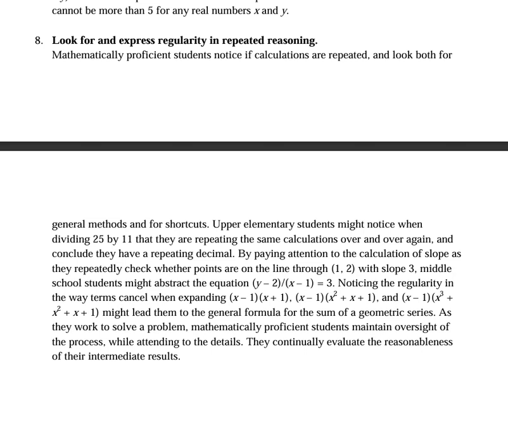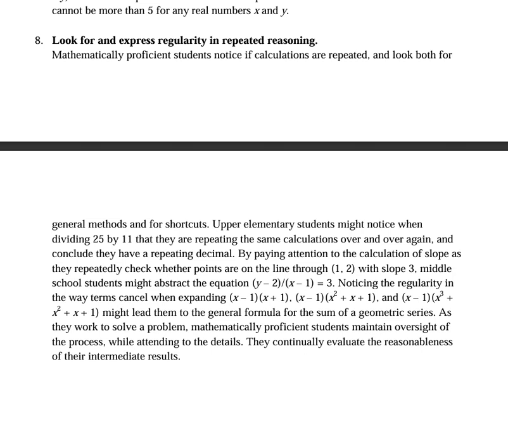By paying attention to the calculation of slope as they repeatedly check whether points are on the line through (1, 2) with slope 3, middle school students might abstract the equation (y minus 2) over (x minus 1) equals 3. Notice the regularity in the way terms cancel when expanding.